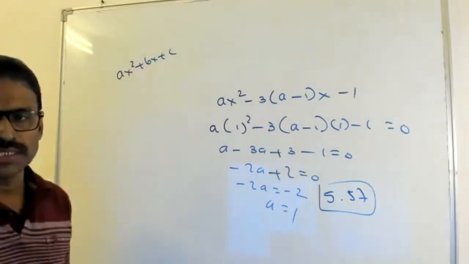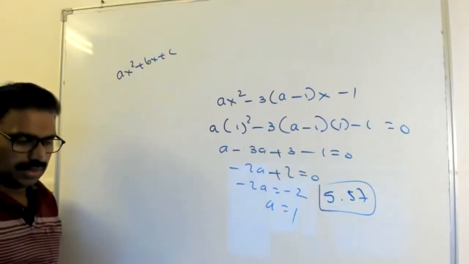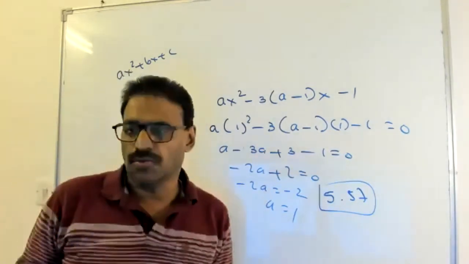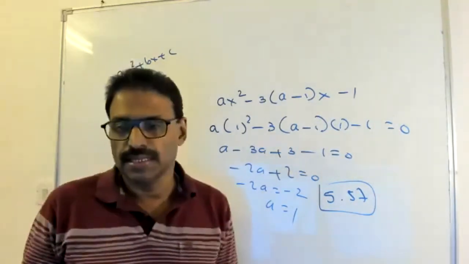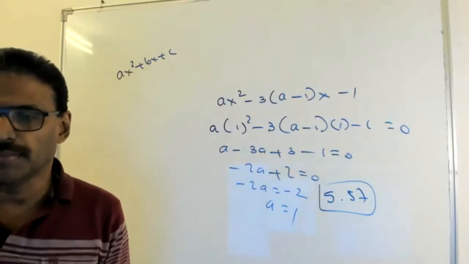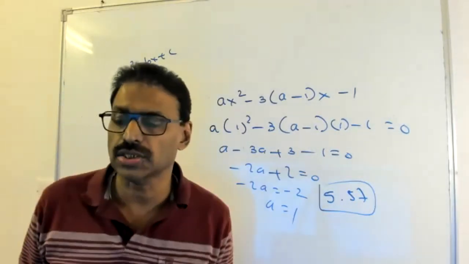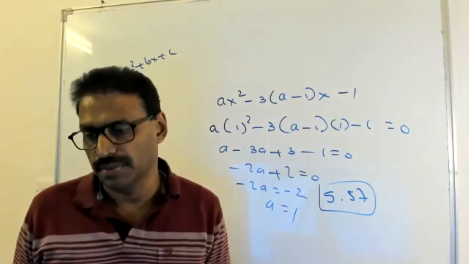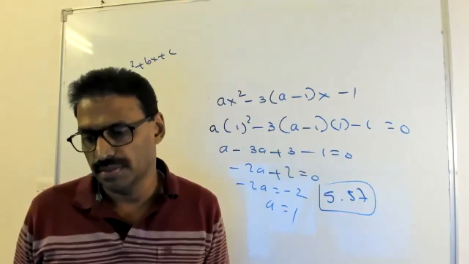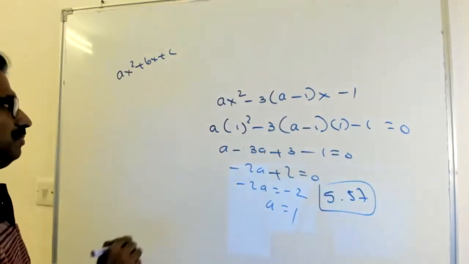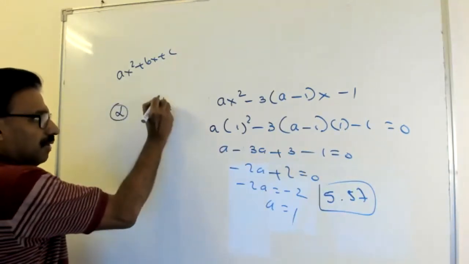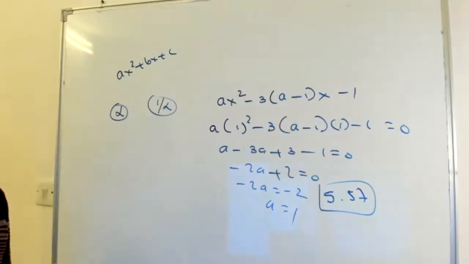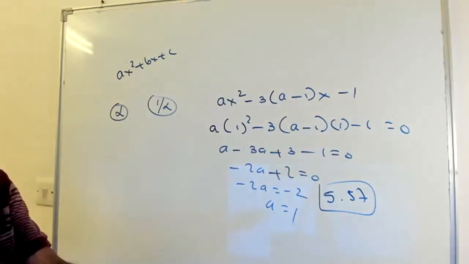You know what reciprocals means: 3 and 1 by 3, 4 and 1 by 4, 6 and 1 by 6, minus 6 and minus 1 by 6. This is called reciprocals. Clear or not? Yes, sir. Then we assume the zeros are alpha and 1 by alpha.